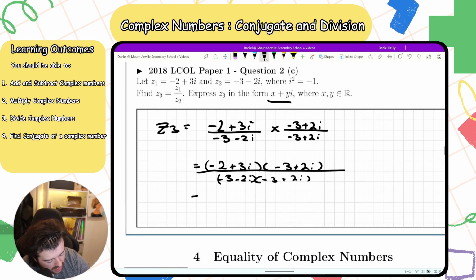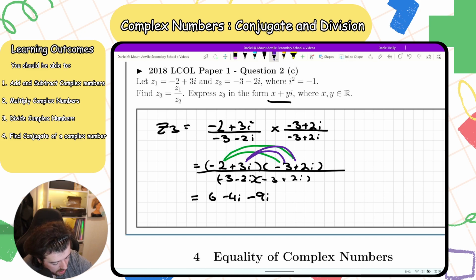So multiply out the top. Minus 2 times minus 3 is plus 6. Minus 2 times 2i is minus 4i. 3i times minus 3 is minus 9i. 3i times 2i is 6i squared.